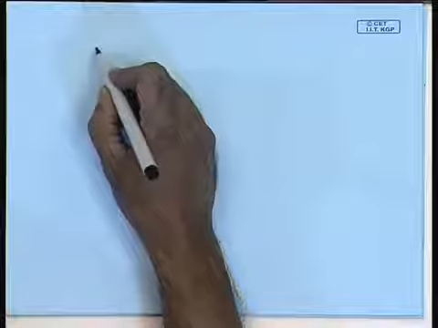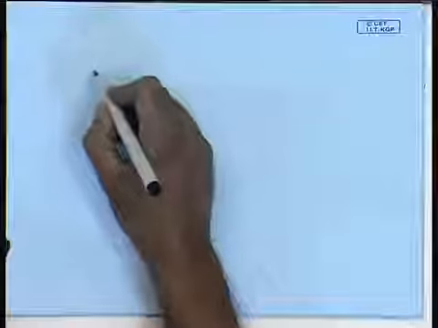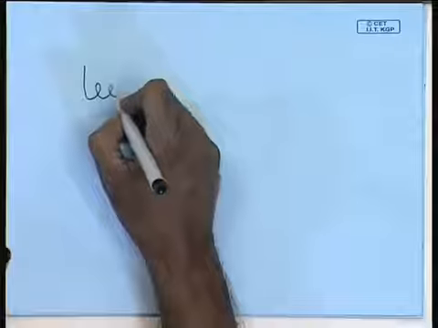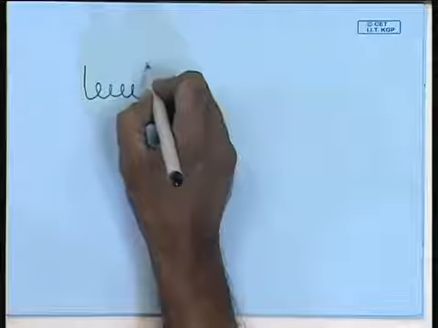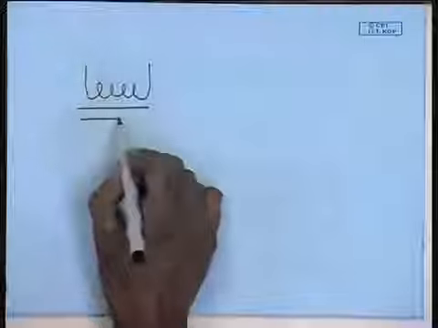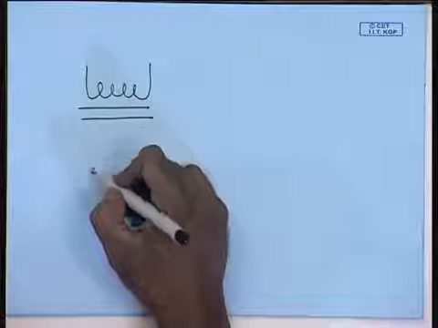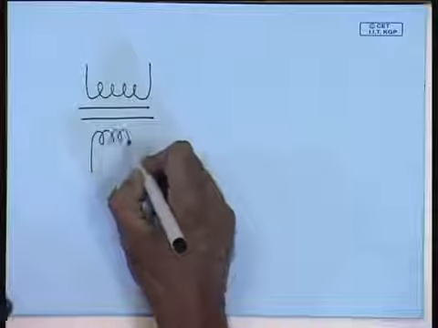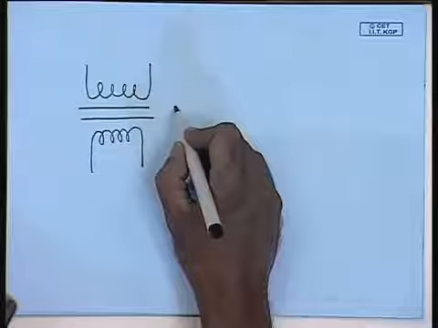So, this is my high voltage side winding. Phase A, and this is the low voltage winding.